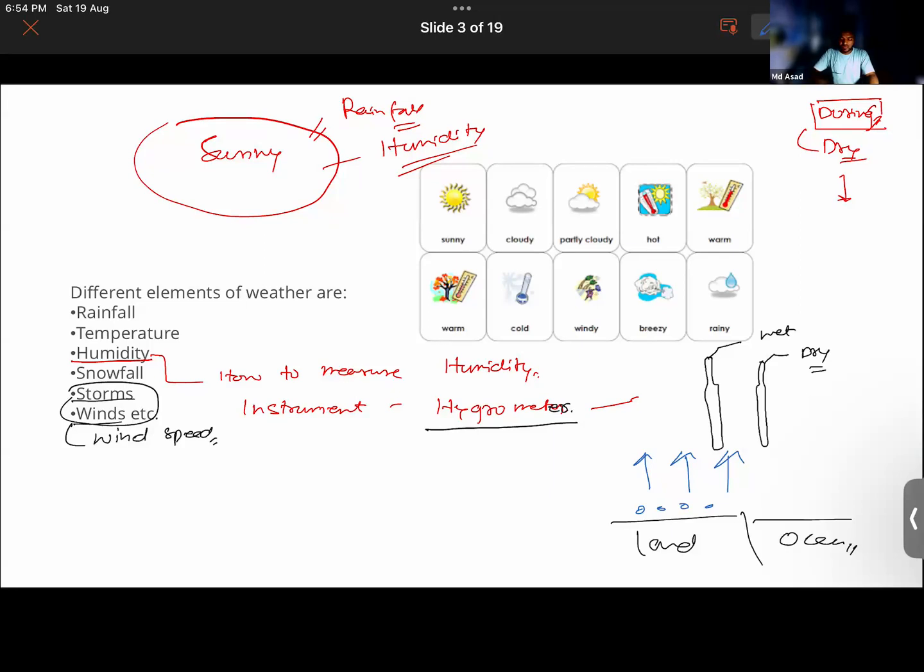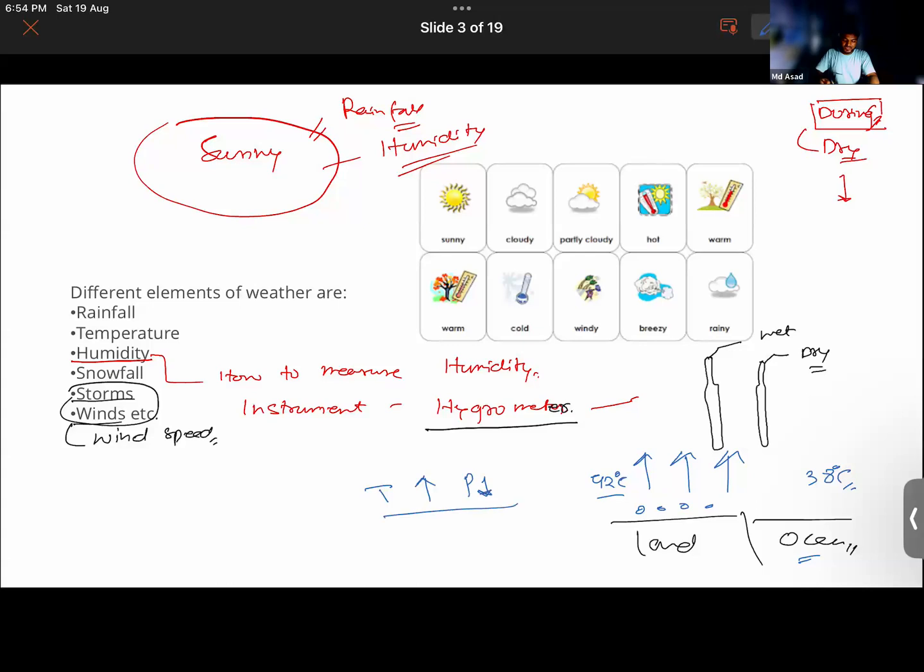Suppose the temperature of the air above the land is 42 degrees Celsius, but at the same hour of the day, the temperature above the ocean is around 38 degrees Celsius. Where will the pressure be lower? We know that if the temperature is higher, the pressure is lower.